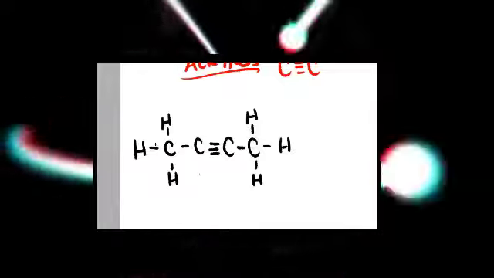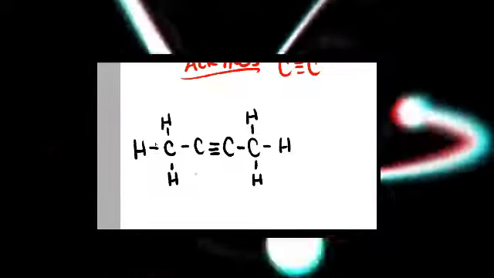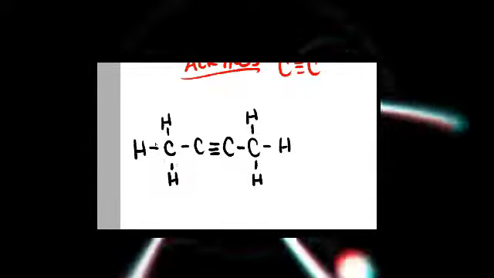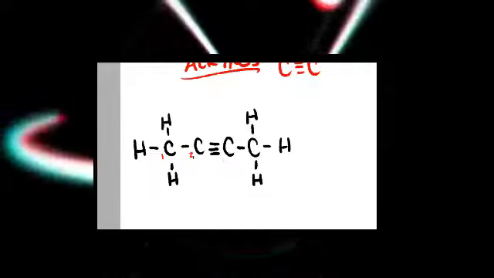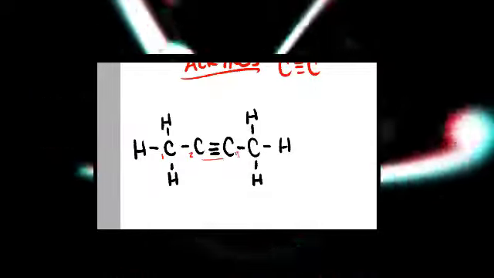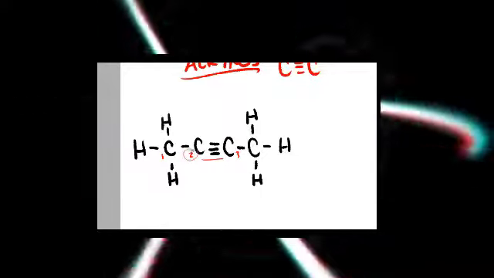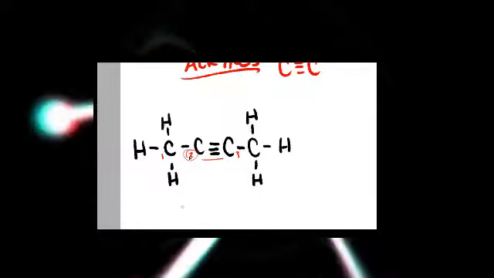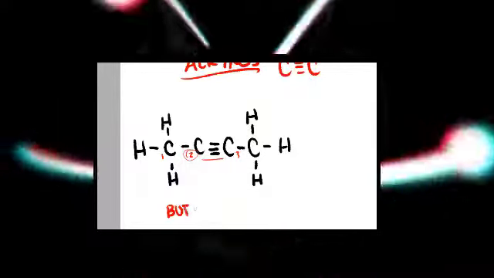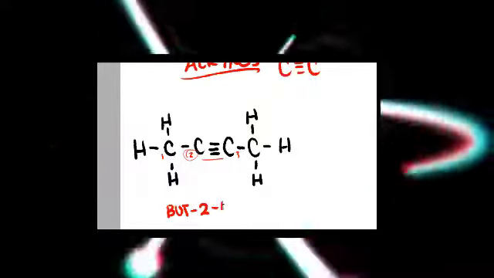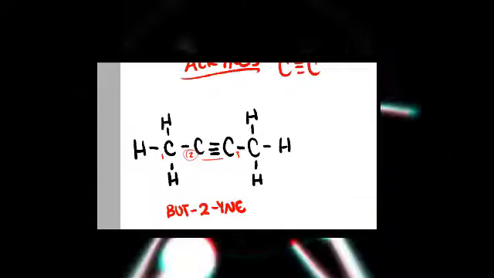So, just like with alkenes, we assign a number. We count carbons, this is carbon 1, carbon 2, and we get to the triple bond from 2 to 3. Again, we use the lowest number, so it ends up being called but-2-yne. The general formula for alkynes is CnH2n-2.